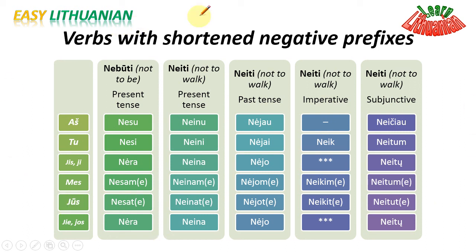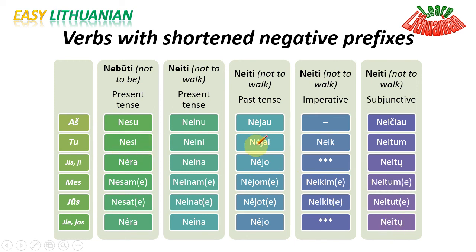So remember this, that all those negative verbs, nebūti and neiti, always have the n, only n. The prefix is only n. There cannot be such things in Lithuanian like neeik or neėjau or neėjo, neesu, neyra or neeitų, and so on.